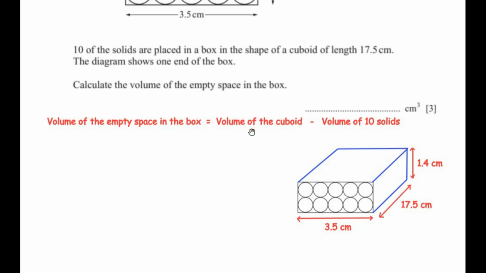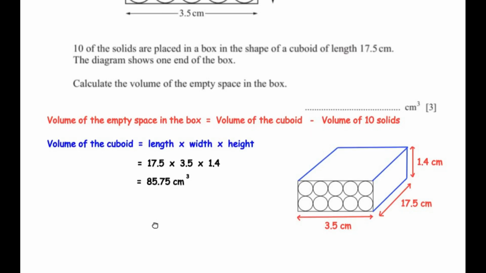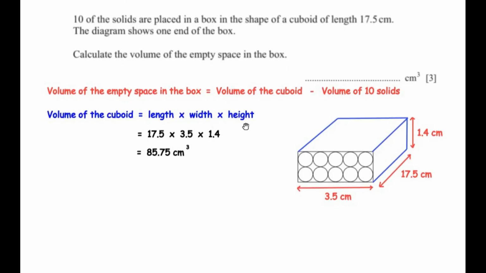So let us first find out what is the volume of the cuboid. So we have the volume of the cuboid formula as length times width times height. Length here they have given as 17.5 centimeter times, I have considered 3.5 as the width, and height is 1.4 centimeter. So we get the value of this as 85.75 cubic centimeter. Now once we have got the volume of the cuboid, let us find out what is the volume of these 10 solids.